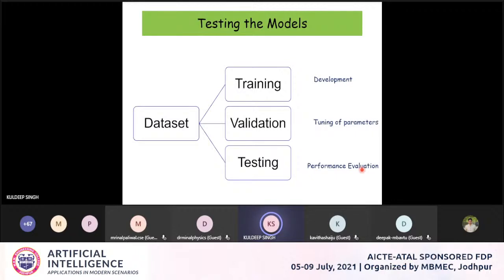In the training phase itself, we use this validation dataset for testing it. And then finally, we have a testing dataset that is used for the performance evaluation of the trained model. How does this trained model perform on the unseen data? So basically, this testing sub-data set is unseen in the training process.